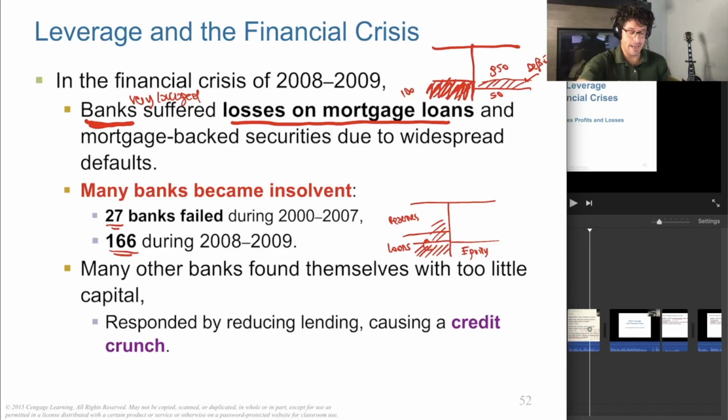So the banks loan less money, they put less money in the economy, and they keep this money in reserves instead. This creates a credit crunch, a reduction in the amount of loans.